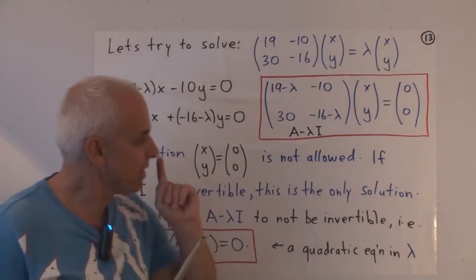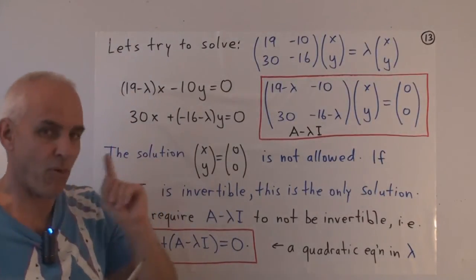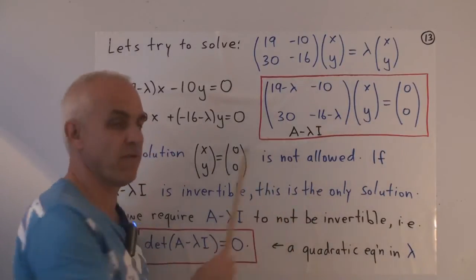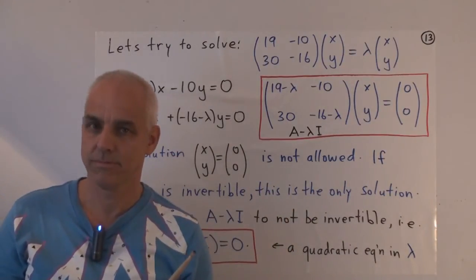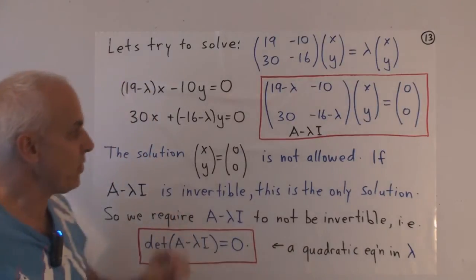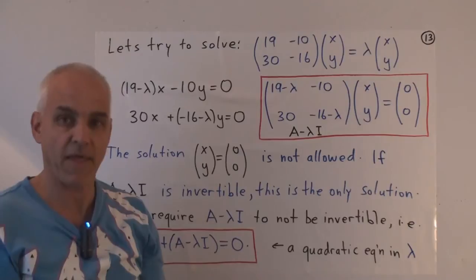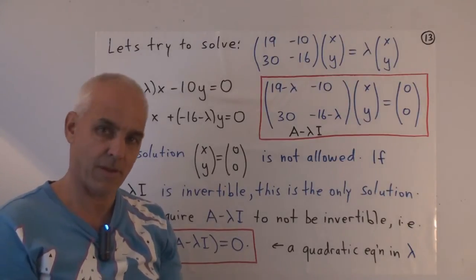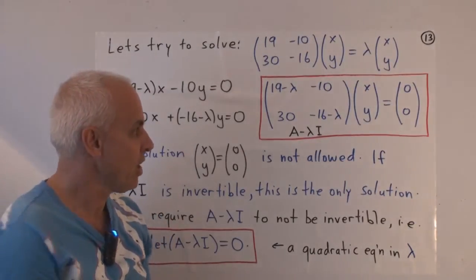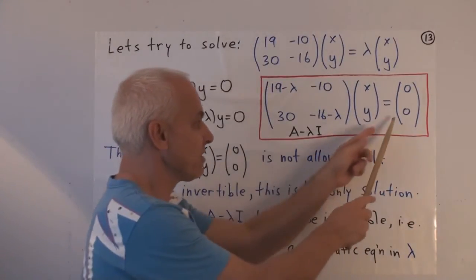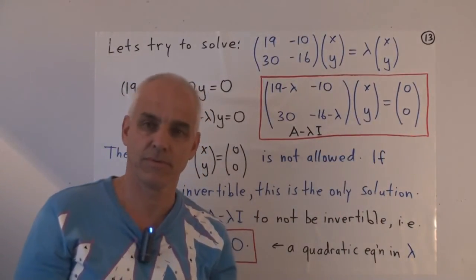Now, let me make the following important observation. If this matrix is invertible, if it has an inverse, then we could multiply both sides of this equation by that inverse matrix. And what would we obtain? We would get x, y all by itself equals the inverse matrix times 0, 0.